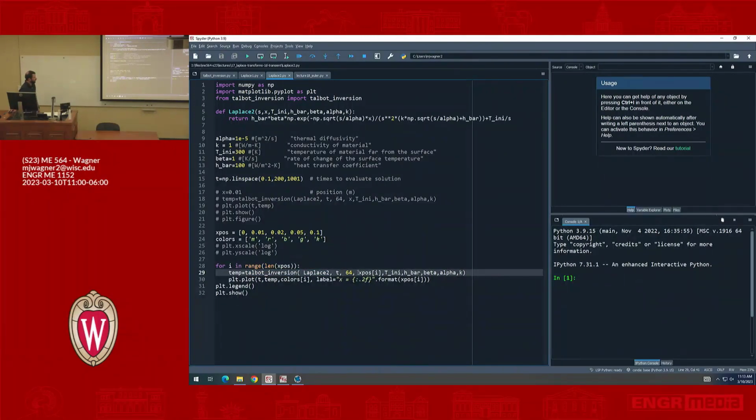I want to comment on this number again. One of the challenges with numerical inversion, and Talbot's just one of a few in this family, is that what they're doing is taking a series, just like the other series approximations we've done, where you take some number of terms and then truncate it. It has this integral that it's trying to do, and it estimates the integral with this many terms.